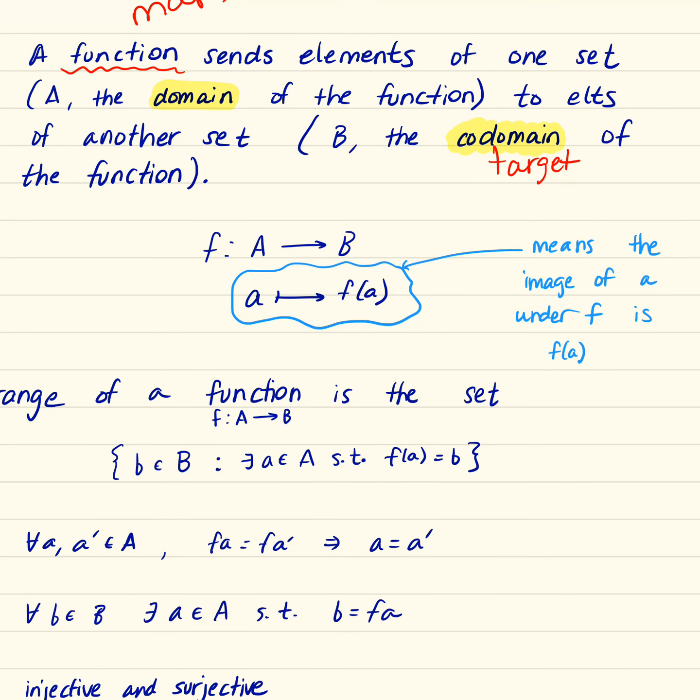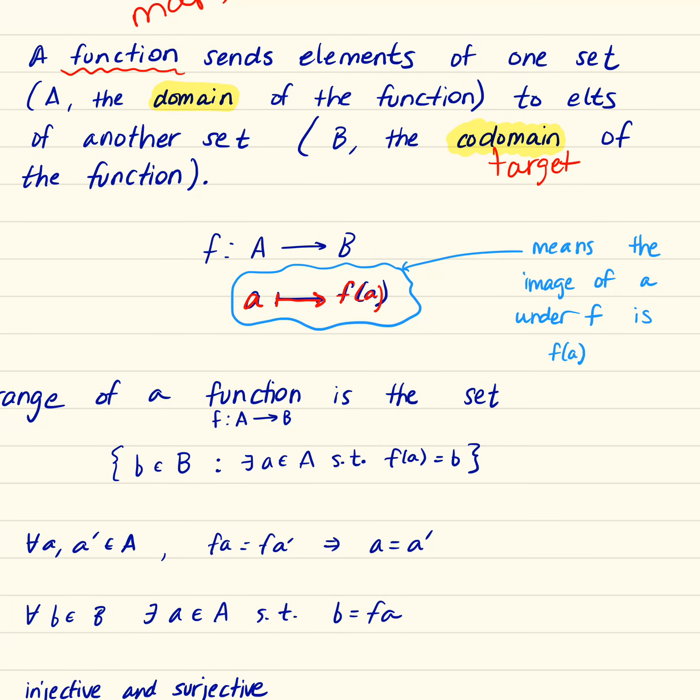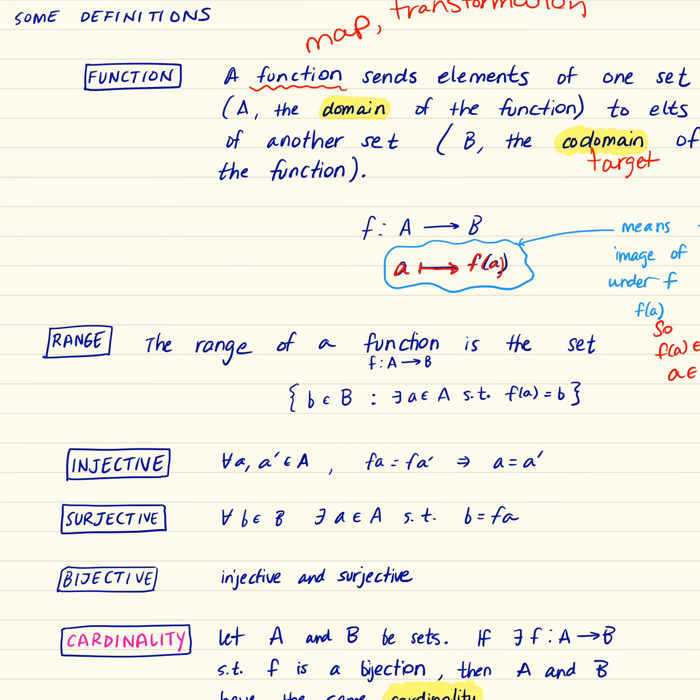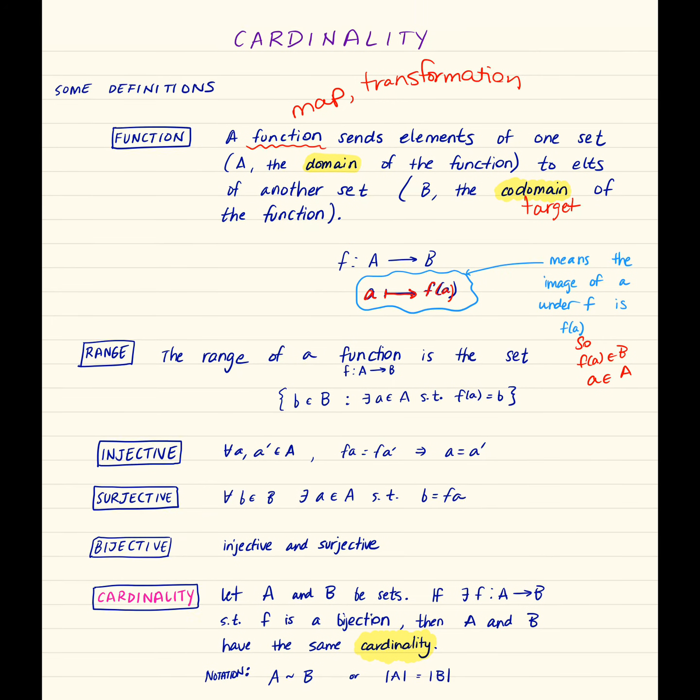And then below here, I've written in blue that a maps to f of a, which means the image of a under f is f of a. So here, f of a is the element in B, and a belongs to our domain A. Now just for the record, we're going to define the range.